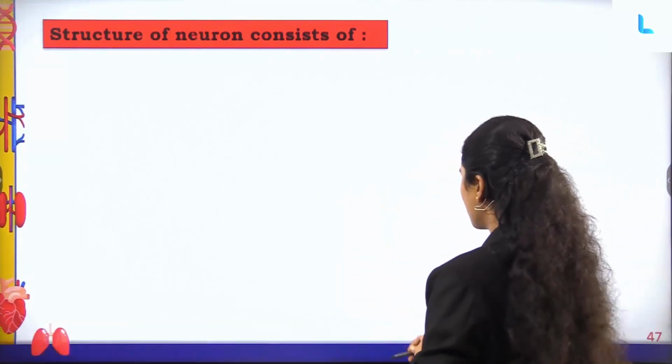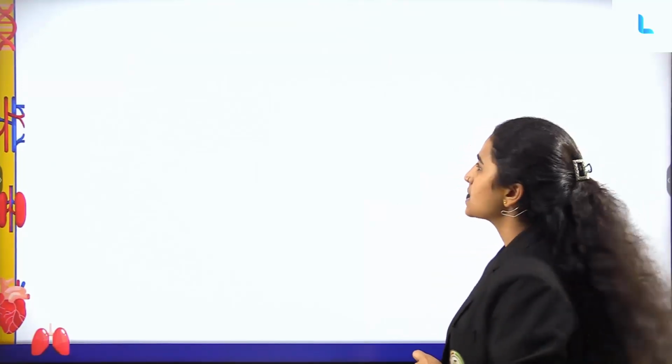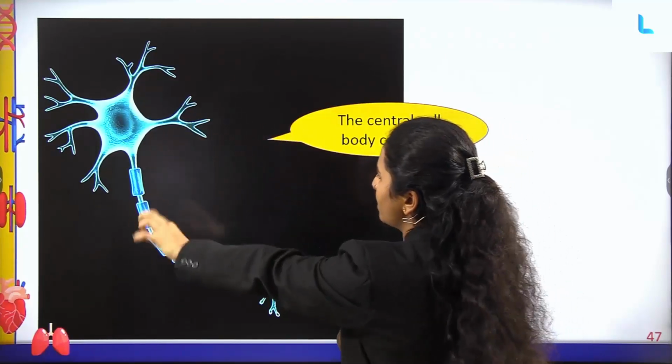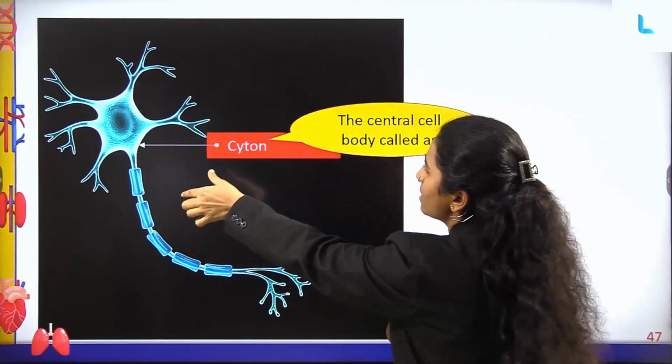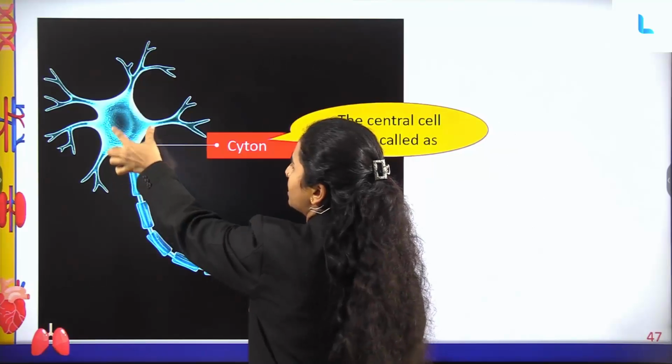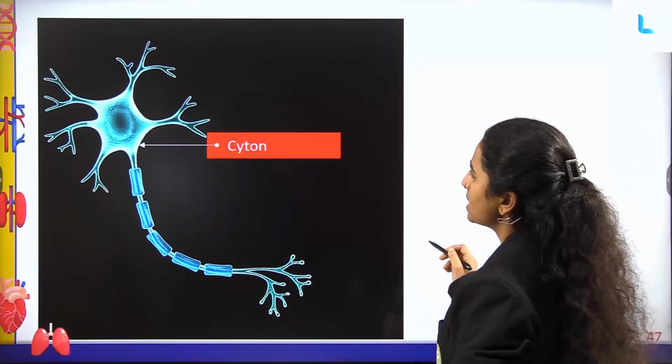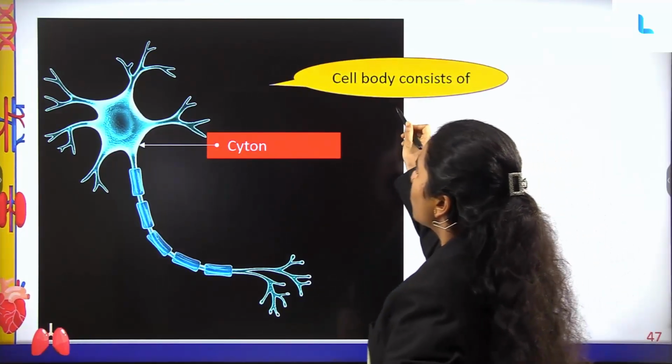So coming to the structure of the neuron. Neuron consists of the central cell body. This is the central cell body which is called the cyton. This whole structure is the cyton, the cell body.